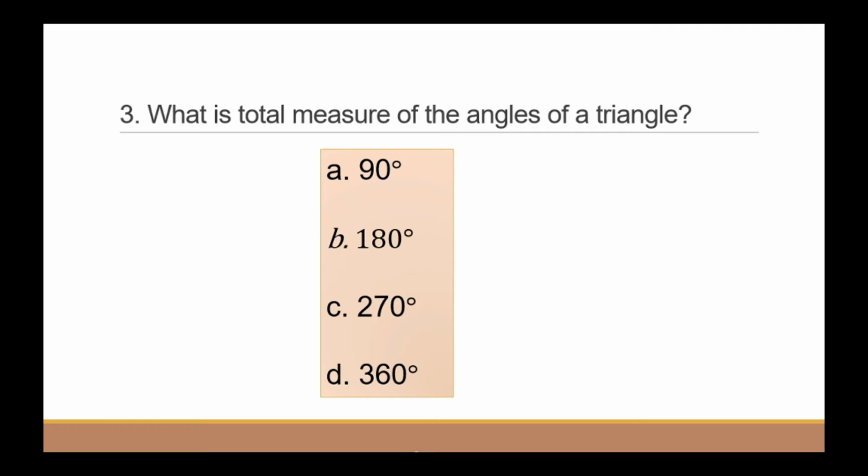Question number 3. What is the total measure of the angles of a triangle? Letter A, 90 degrees. Letter B, 180 degrees. Letter C, 270 degrees. Or letter D, 360 degrees.